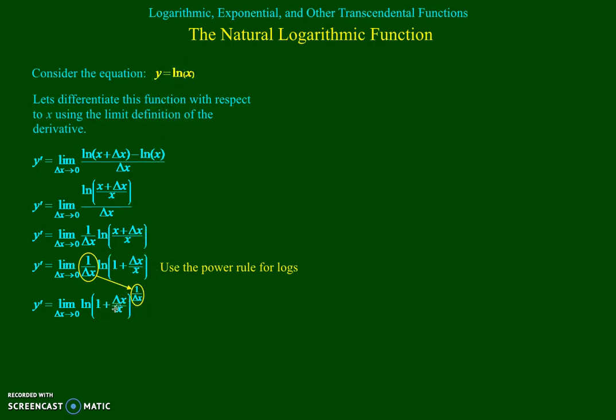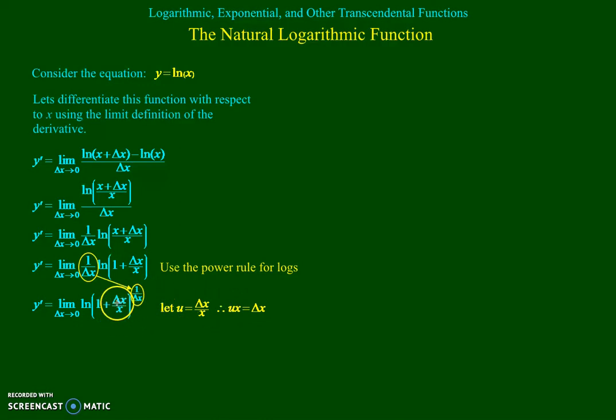So to accomplish that, the next step is I'm going to do a u substitution in here. We're going to say u is equal to delta x divided by x. Now, if u equals delta x divided by x, then a simple manipulation gives us delta x is equal to u times x.